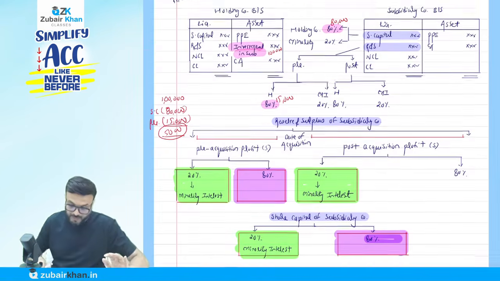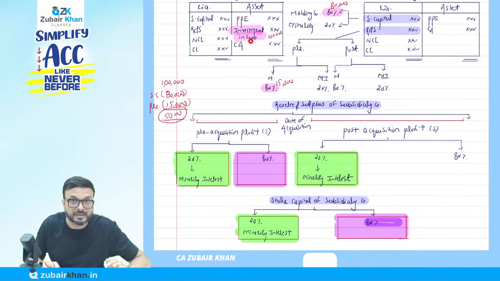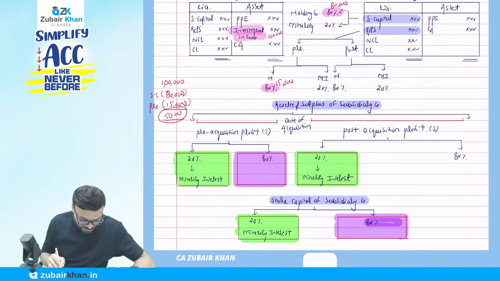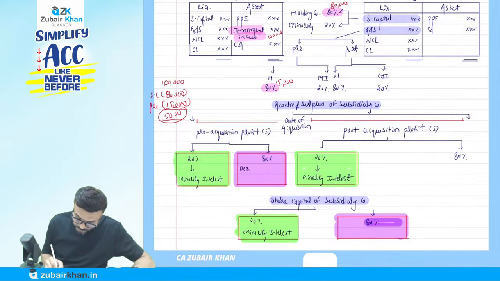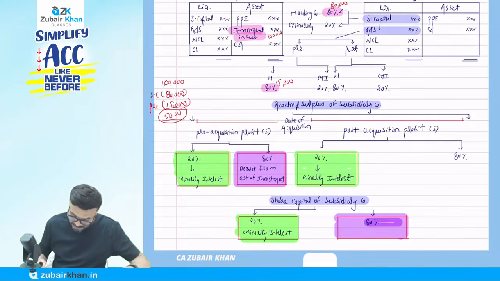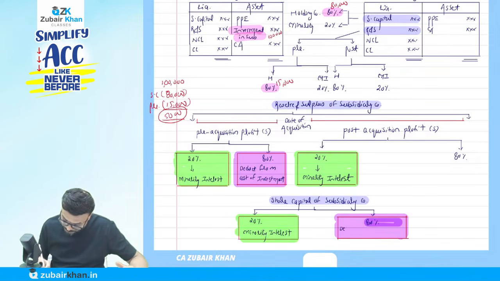So basically, this cost of investment, from this pre-acquisition profit, what we do, let me write it down here: deduct from cost of investment.